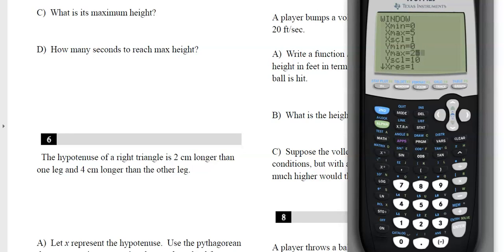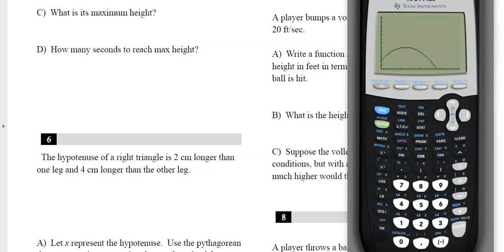That'd be an awful high volleyball hit, but yeah, maybe we'll go by 2s. Let's just see what shakes out. Oh, not up in the air very long, so I could have shortened my time. Maybe I'll shorten it to 2 seconds. And we'll go by halves. All right, that looks a little smoother.